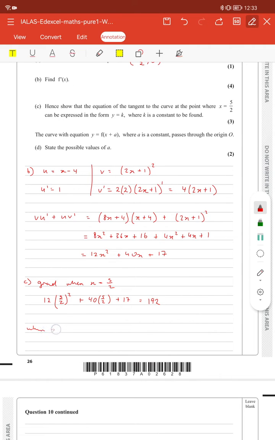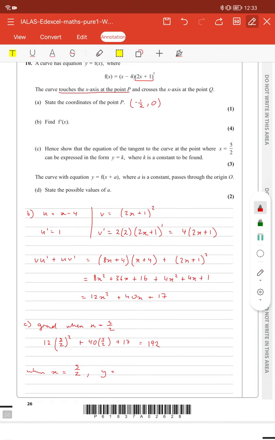Now when x equals 5/2, the y coordinate is going to equal 5/2 minus 4 times 5 plus 1 squared times, which would be minus 54.